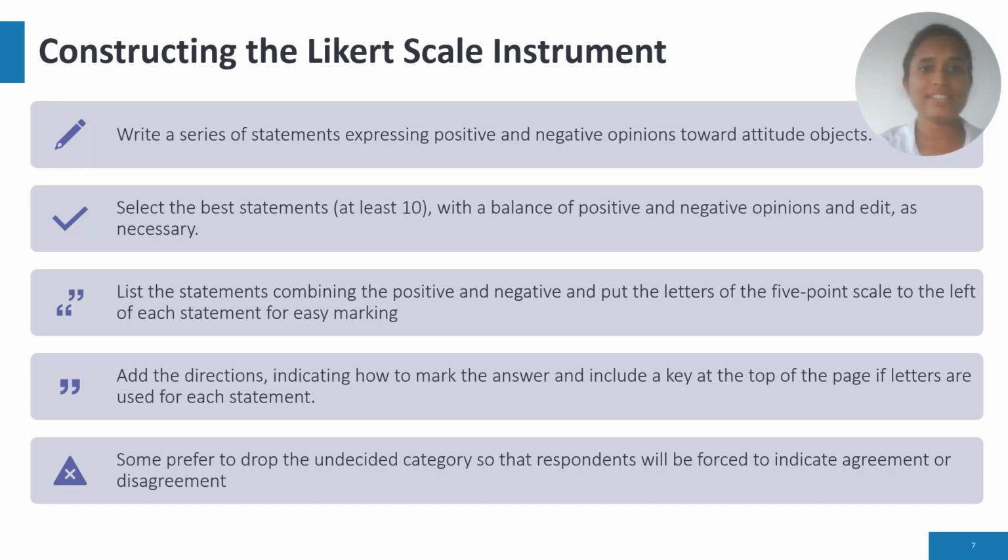The third step is to list the statements, combining the positive and negative, and put the letters of the 5-point scale to the left of each statement for easy marking.